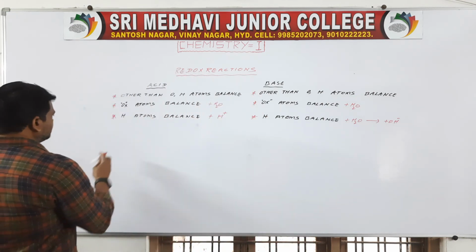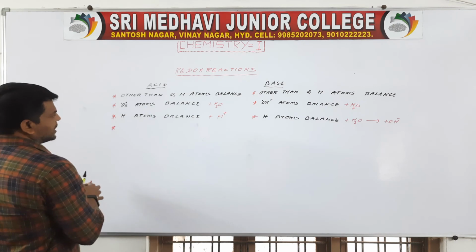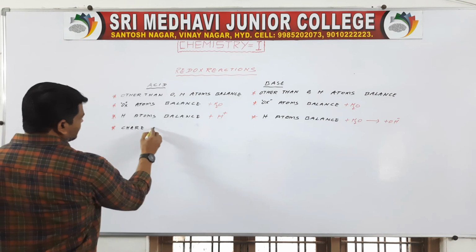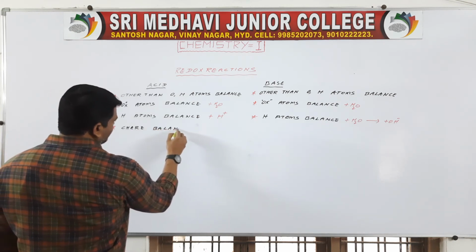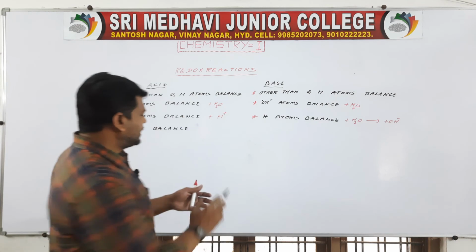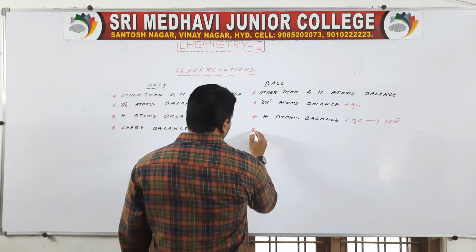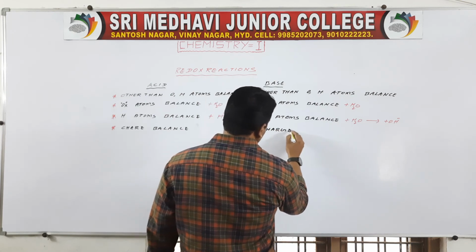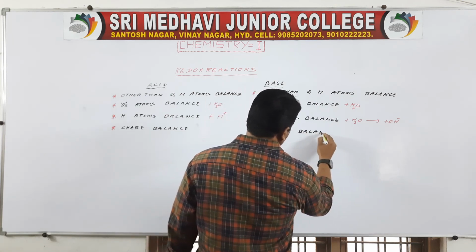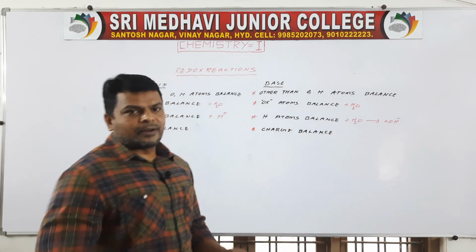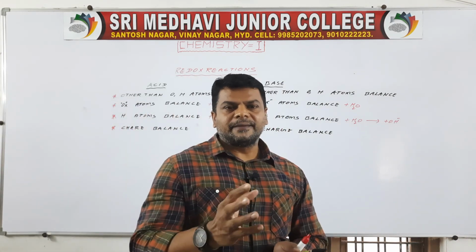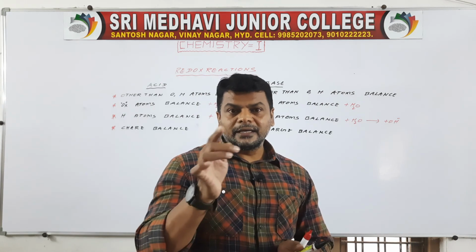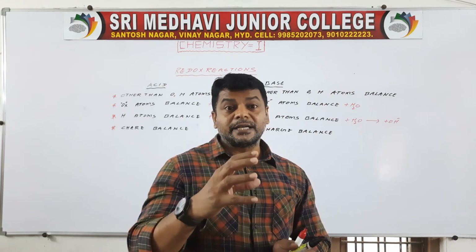Then charge, oxygen, hydrogen, after that charge. Charge balance. Here also charge balance. For balancing charge you have to see the change in oxidation state. So how many electrons changed, you have to add that many electrons on the oxidation number high side.